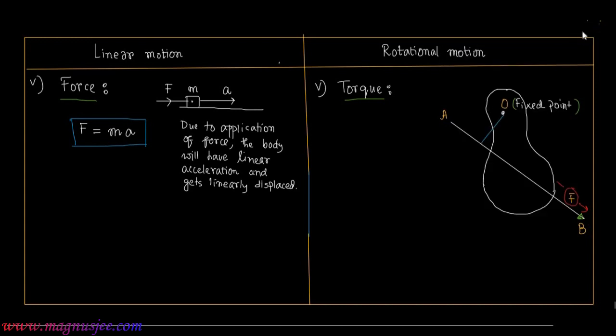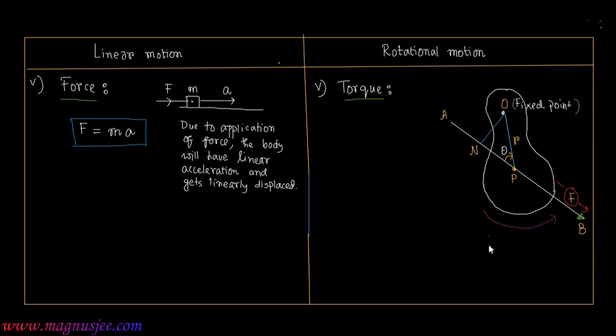And we can draw the perpendicular distance of the fixed point from the line of action of force. ON is the perpendicular distance, and the oblique distance of the fixed point O from the line of action of force is OP, which is equal to R, and theta is the angle between the oblique distance R and the line of action of force extended in the backward direction.